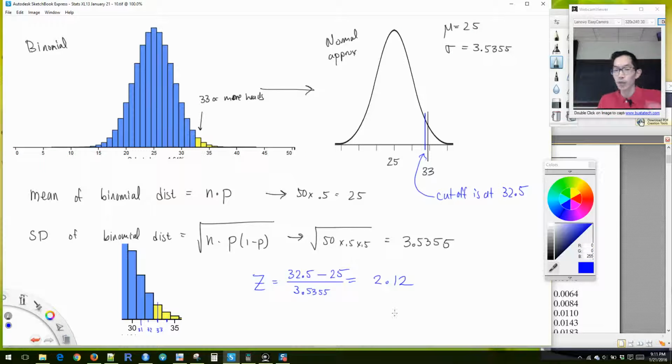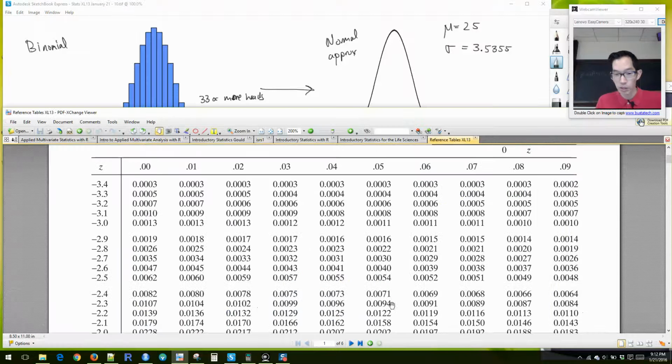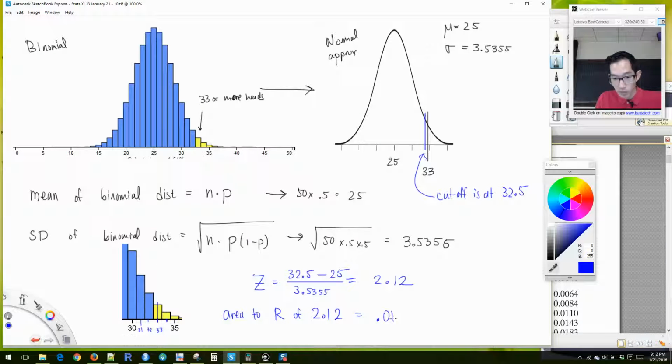But because I want the area to the right, the area to the right of positive 2.12 is the same as the area to the left of negative 2.12, which is 0.0170. Okay. So what is the probability that I win this game? Flipping a coin 50 times, you win if you get 33 or more heads. I have about a 1.7% chance of winning.